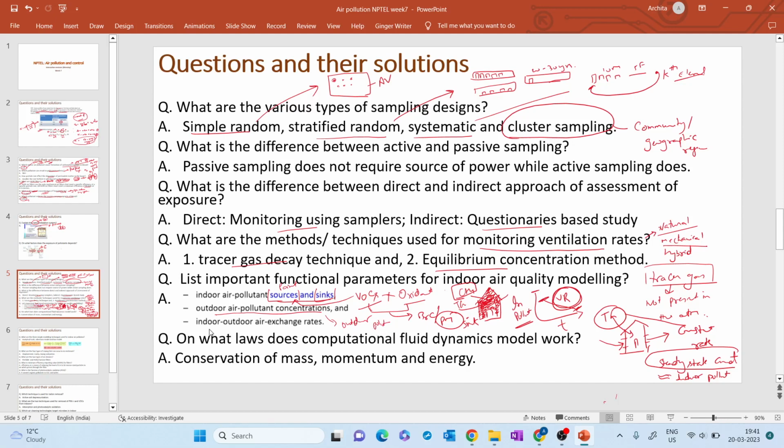And third is the exchange rate. Exchange rate is how much indoor pollutant is going outside and how much outdoor pollutant is coming inside.